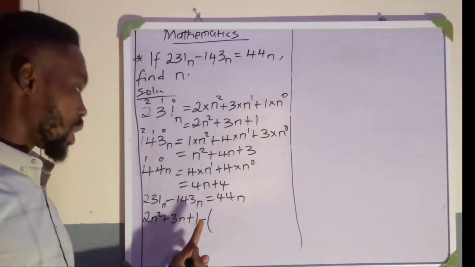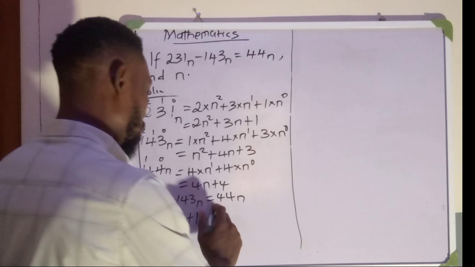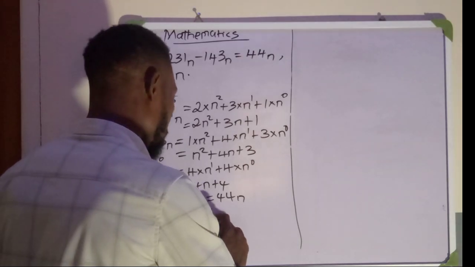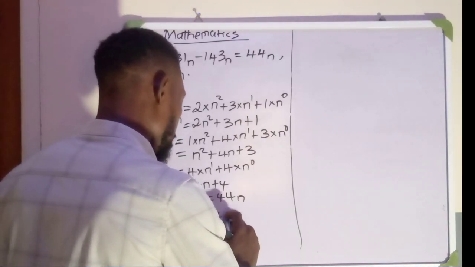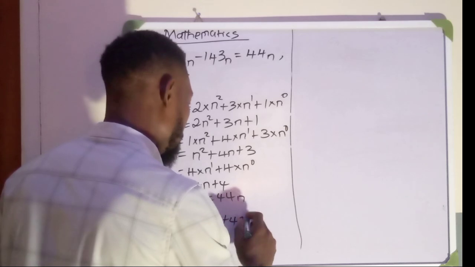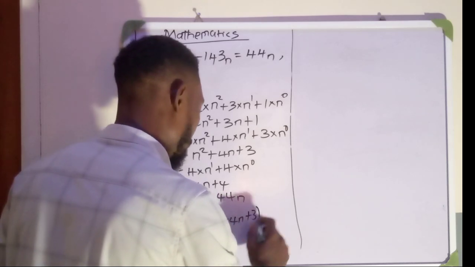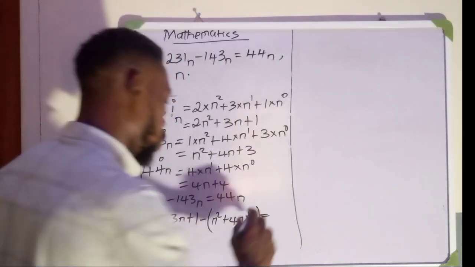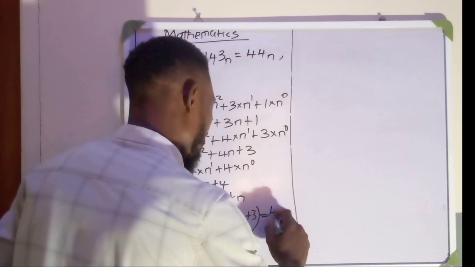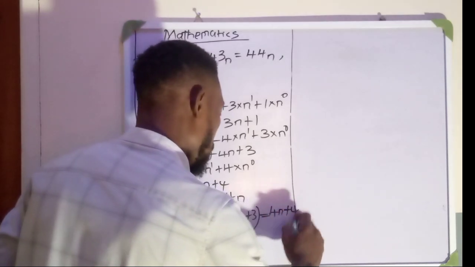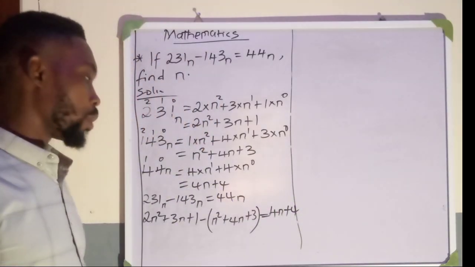When introducing it, let's put it into brackets. So this will give us n squared plus 4n plus 3, and close, everything is equal to 4n plus 4.